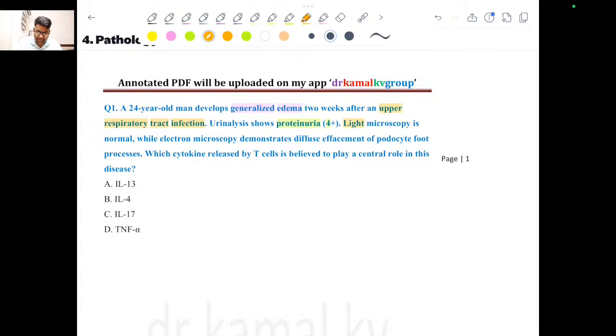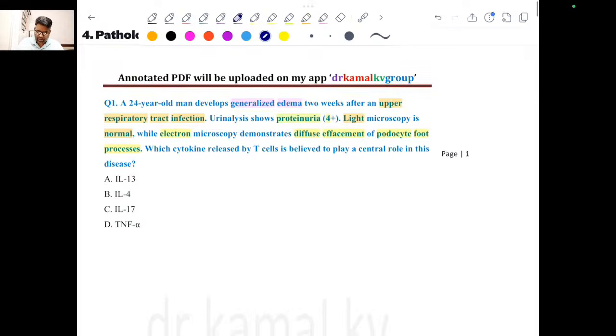Light microscopy is normal, whereas electron microscopy shows diffuse effacement of podocyte foot processes. Very good, Bhuvan.